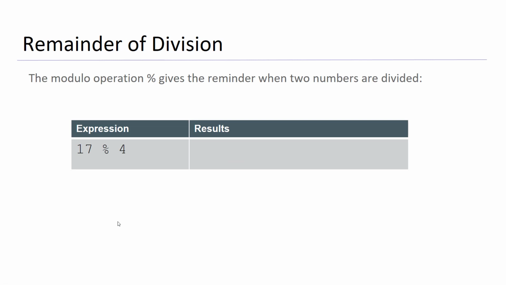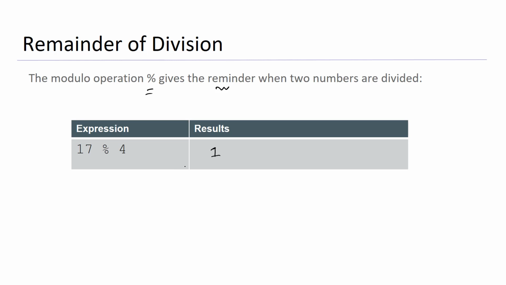So the modulo operation, which is this percentage sign, gives you the remainder of dividing two numbers. For example, let's say that we want to find the remainder of dividing 17 by 4. Now we know that 17 as a number has 4 fours, so 4 times 4 is 16, which means that the remainder of 17 divided by 4 should be 1.